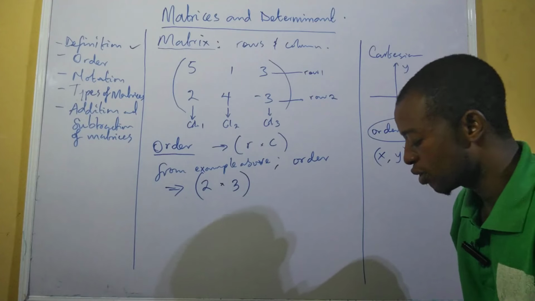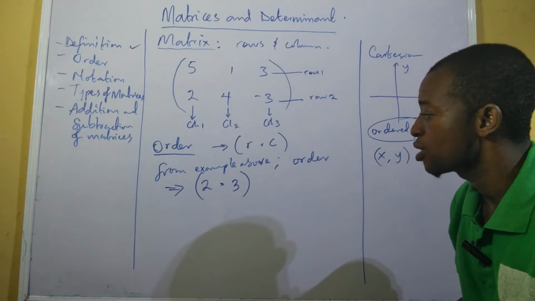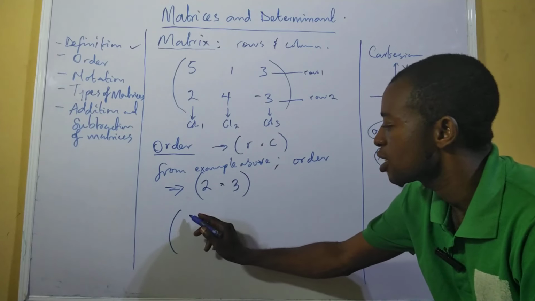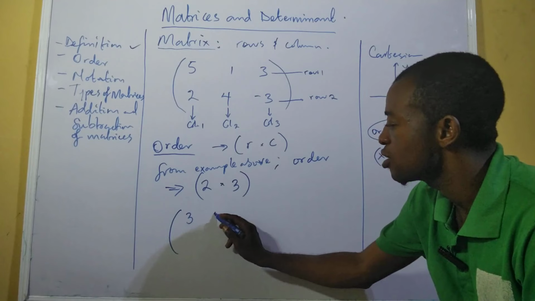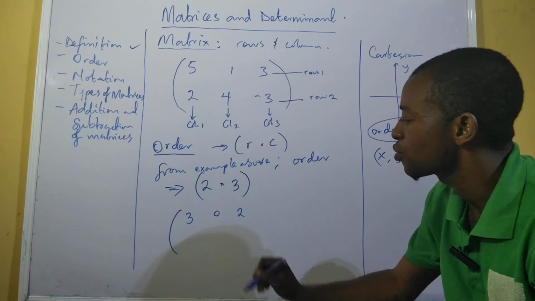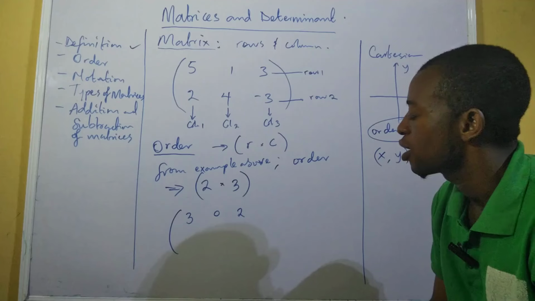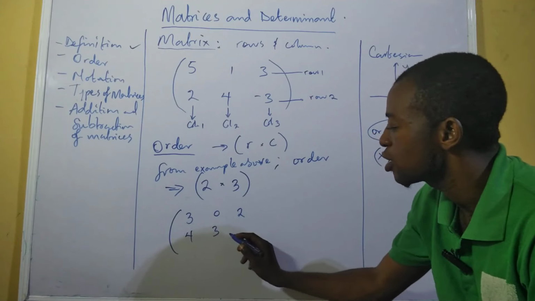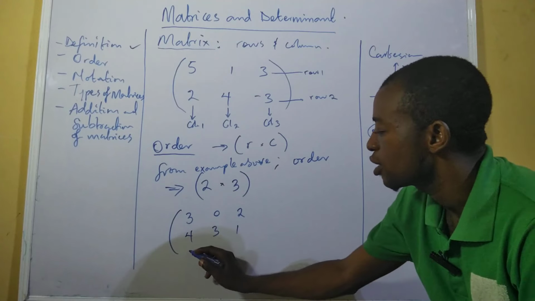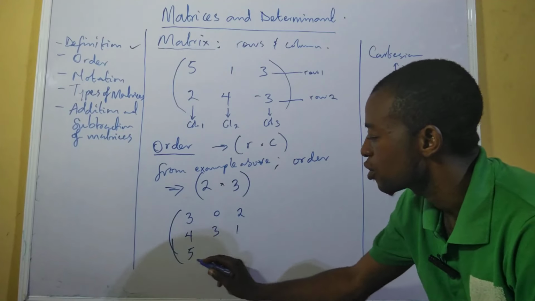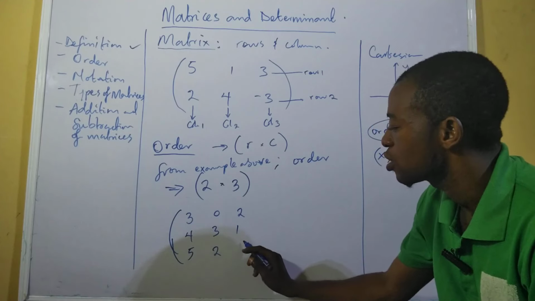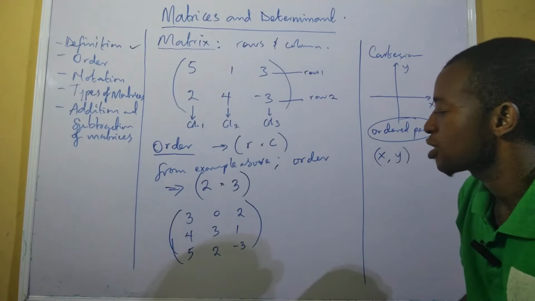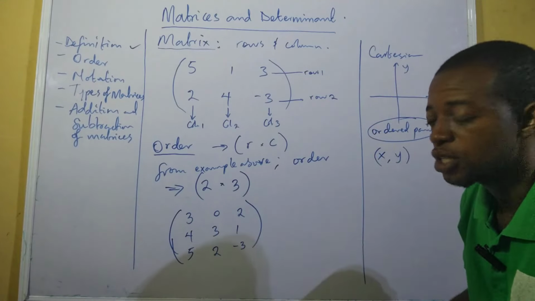For instance, we can give another example of a matrix and tell the order. Let's say we have 3, 0, 2; 4, 3, 1; then 5, 2, minus 3. So this is a matrix. How many rows does it have?